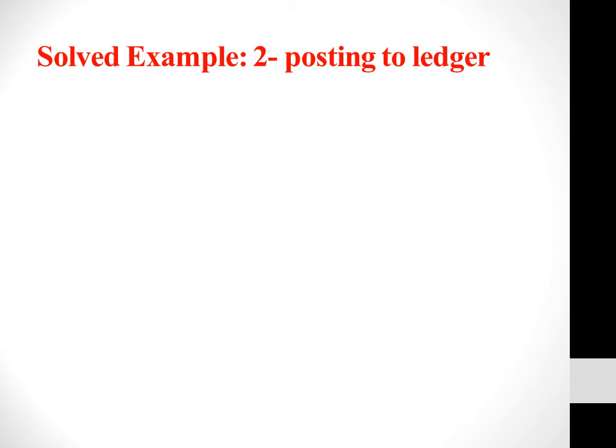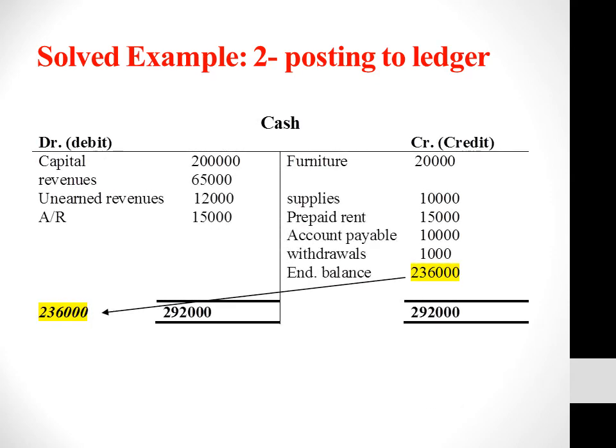So this will be the form of the account called cash. Here we have the cash account. These are the figures transferred to the debit side. These are the figures transferred to the credit side. Then you need to calculate the balance, and we have discussed this before.